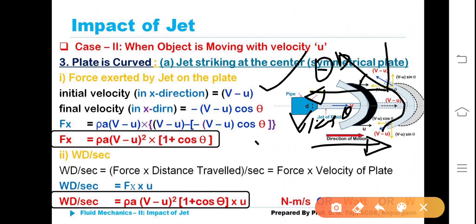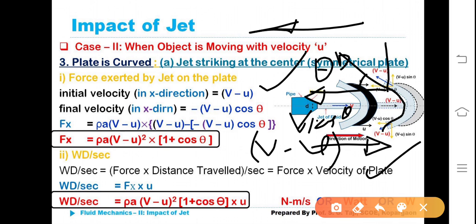That is, (v minus u) cos theta you have to take instead of v minus u. Why? It is the relative velocity, but it is acting in the opposite direction to this. Therefore, the minus sign has appeared here. If you simplify, you will get rho a multiplied by (v minus u) squared multiplied by (1 plus cos theta).